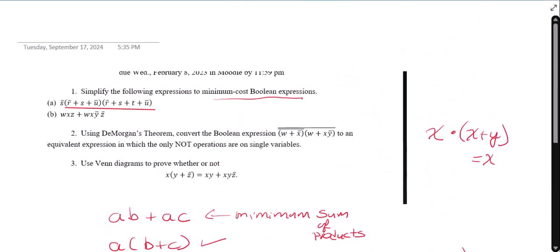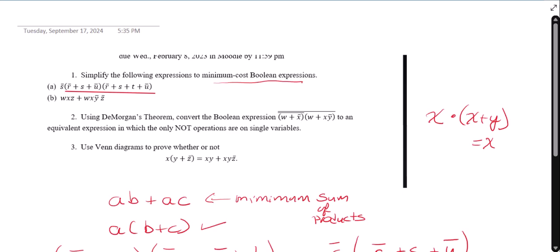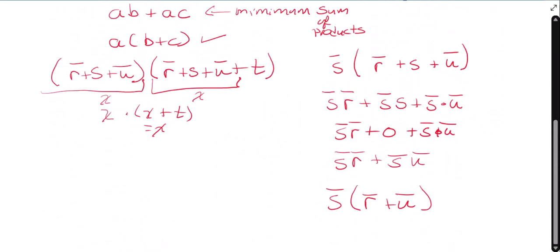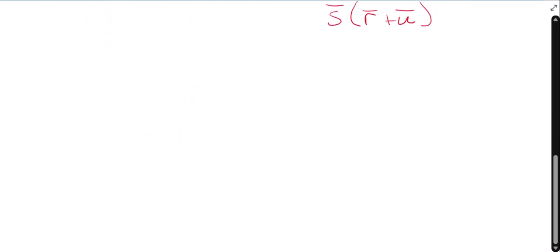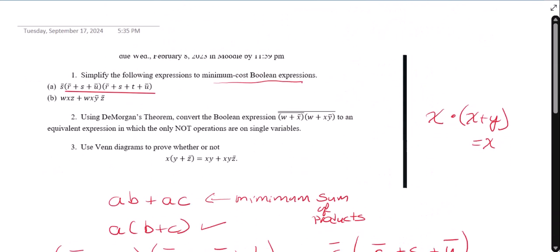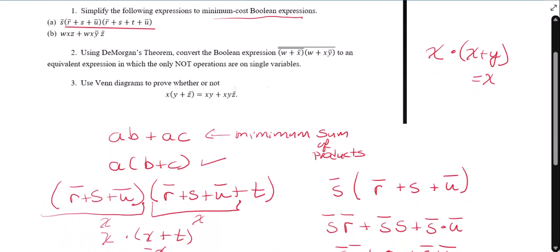Okay, now let's look at the second one, WXZ or WX not Y not Z.